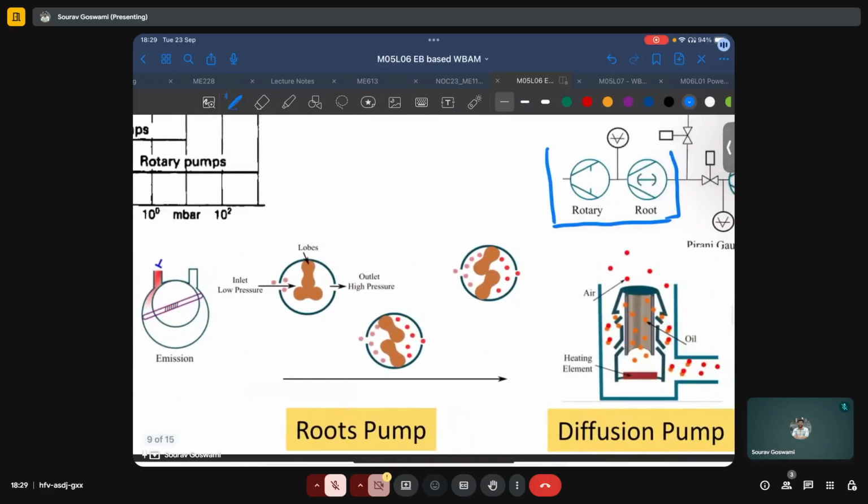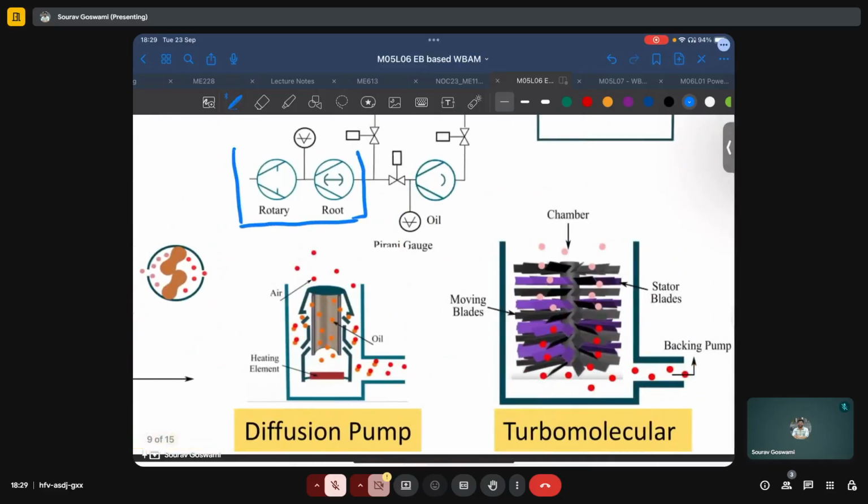Root pump uses a similar mechanism, except that instead of a spring-loaded lever here, we have the presence of lobes, which allows for the transfer of air from a low pressure region to a high pressure region. In the case of diffusion pump, we have oil, which is typically known as just DP oil or diffusion pump oil, which is heated and vaporized.